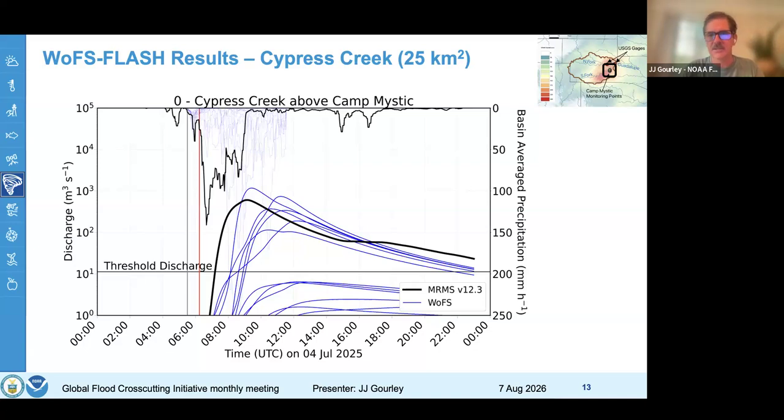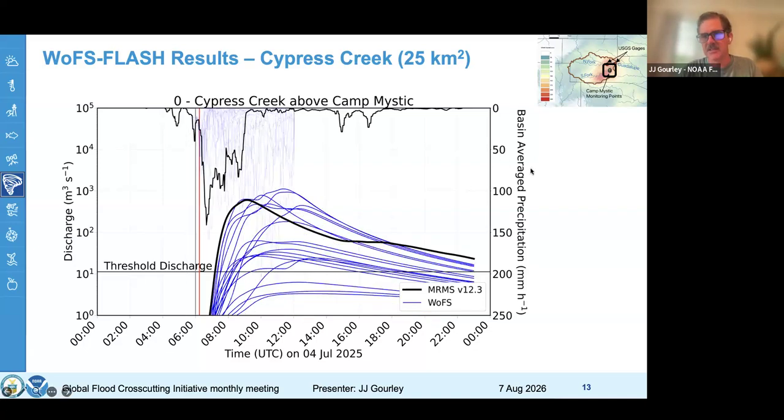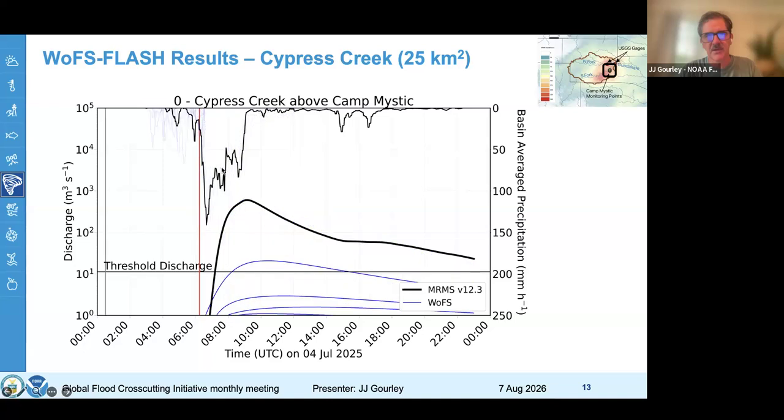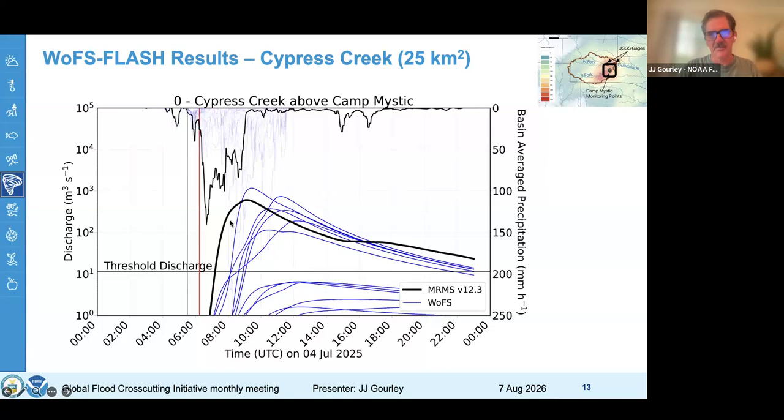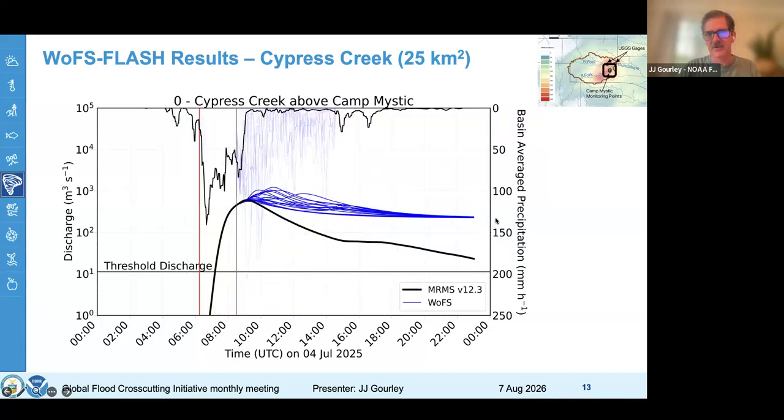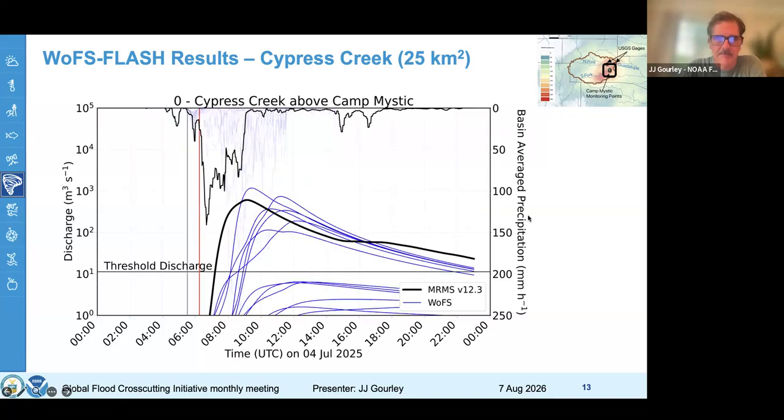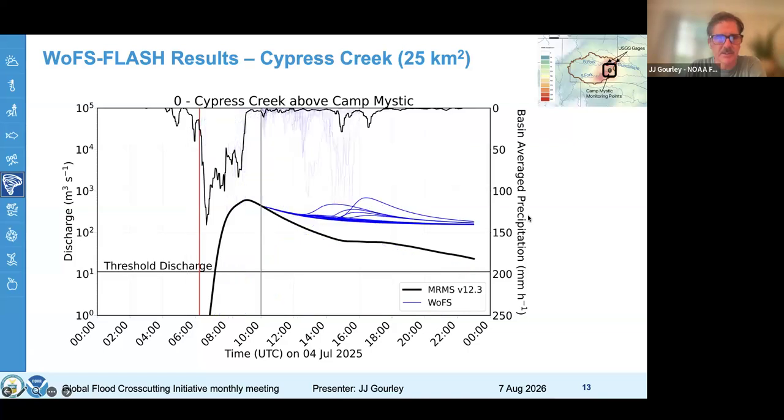Another interesting thing is the basin average precipitation plotted on the secondary y-axis, inverted here. You get some incredible amounts, 120 to 130 millimeters basin average, which is a pretty impressive amount. I'm going to stop it at about 2Z, since the animation's clunky.